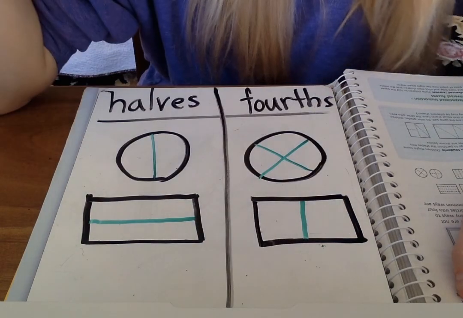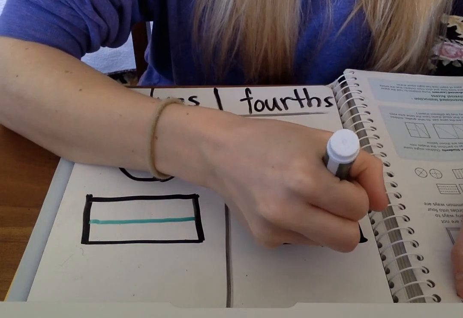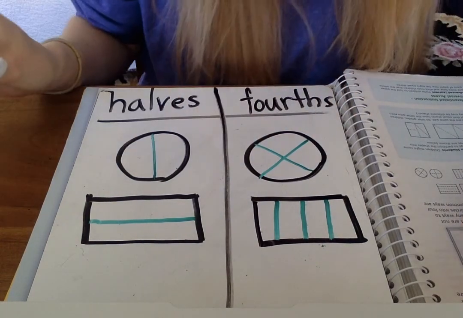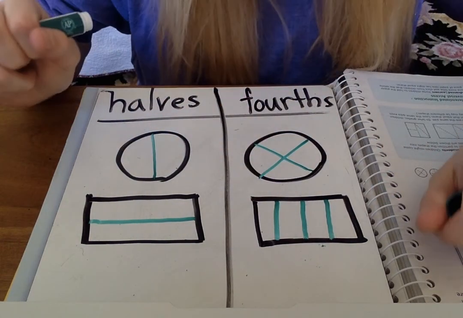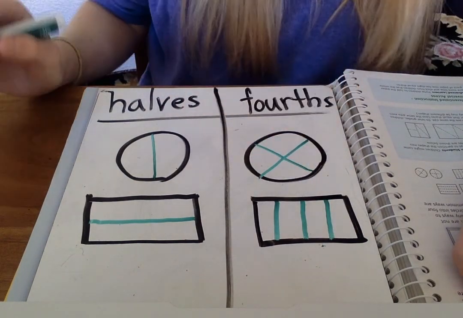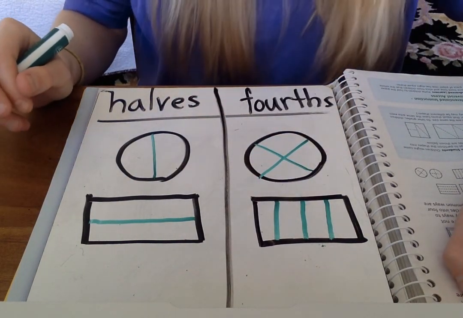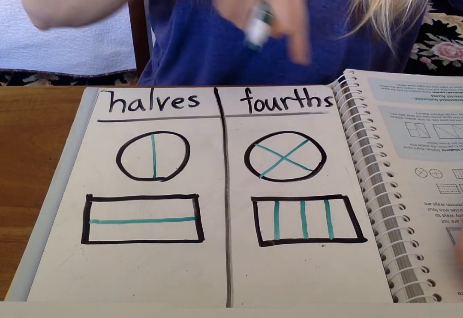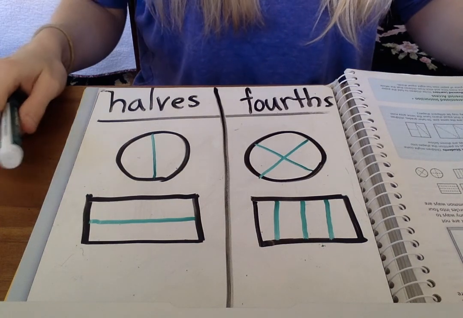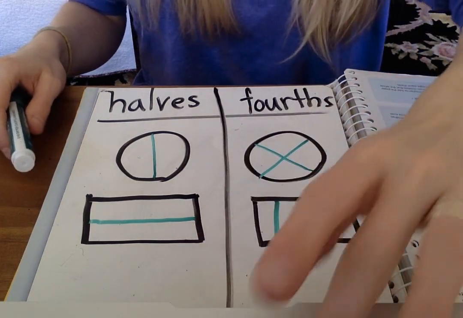Chop it into 2 equal parts, and then chop each of those into 2 equal parts. Okay, and again, I know drawings aren't perfect, but just imagine that these all look equal. I would have 1, 2, 3, 4 equal parts that it's been divided into, aka fourths.